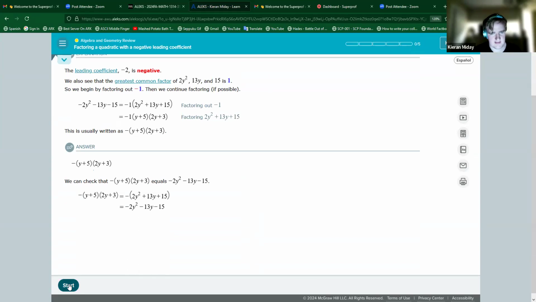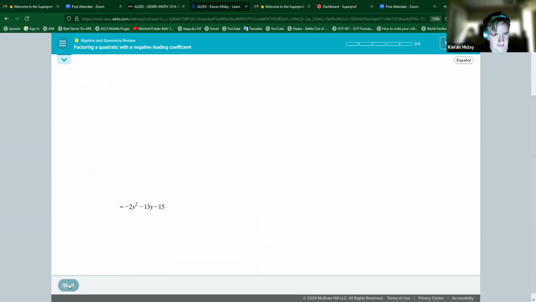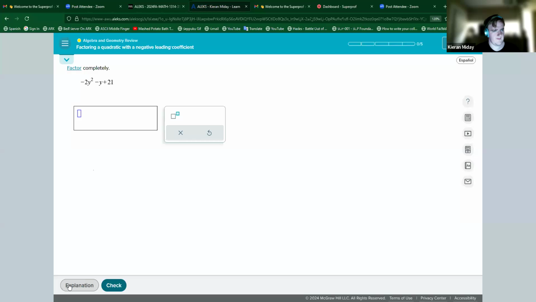I think I see what we're expected to do. Okay, so this is going to be negative. Parentheses. And then we lay out the problem as it's stated. Minus y.